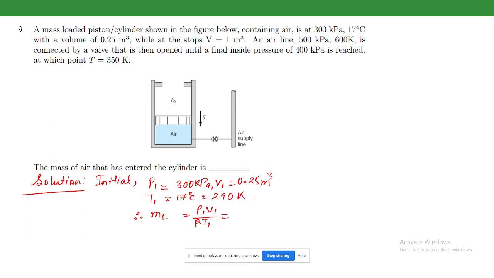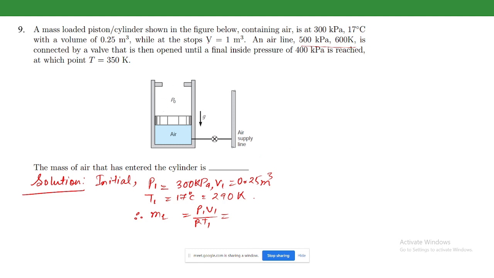Initially, this piston cylinder assembly contains air at 300 kilopascal, 0.25 meter cube, and a temperature of 290 Kelvin. After that, from an air line at 500 kilopascal and 600 Kelvin, air is allowed to flow into the piston cylinder assembly, so that the piston moves up and reaches the stops.